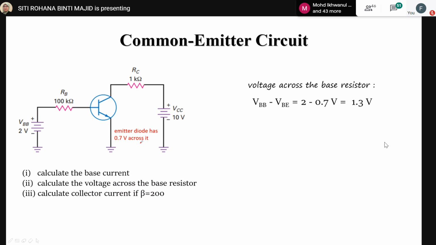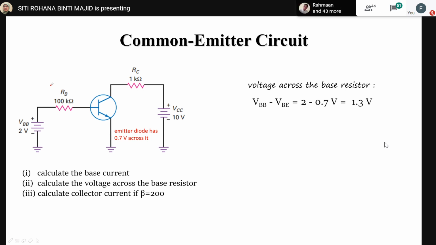So the voltage across the base resistor, from here, we have VBB minus VBE, which is here given as 2 volt, and then we will get the voltage across the base resistor.